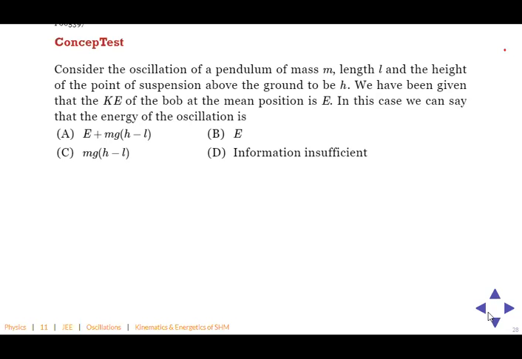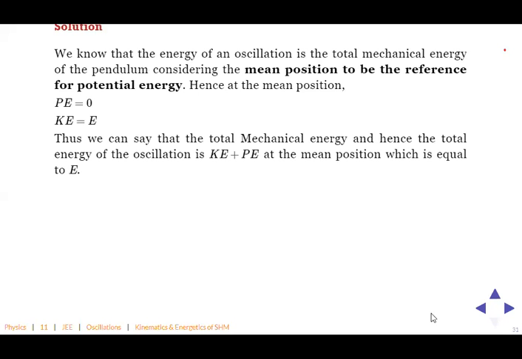Okay, many students are saying A and B. The answer is B. Because obviously, when you talk about energy, think about it. At the mean position, potential energy is zero. The kinetic energy should be the total energy. Yes or no? That's why the answer is B. Got it, everyone?